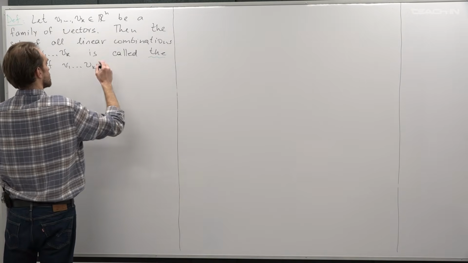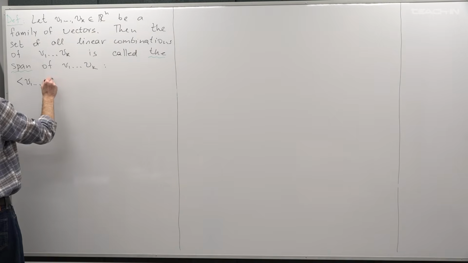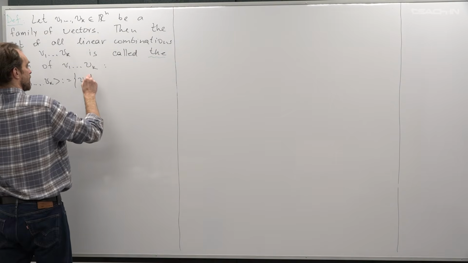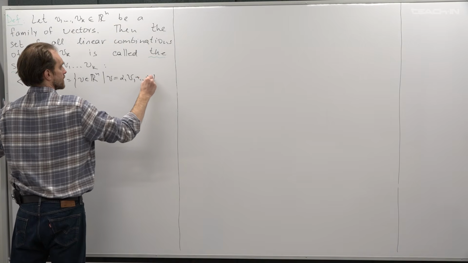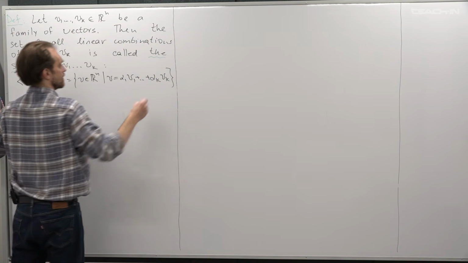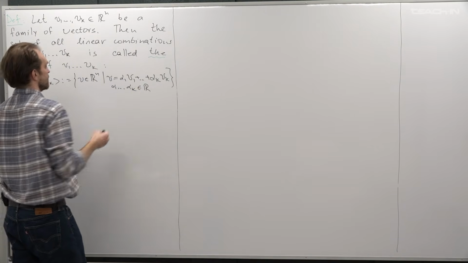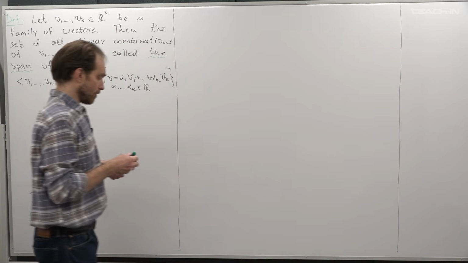So the notation is like this. We put just angle brackets, and this is the space of all vectors from Rn such that V has the form alpha 1 times V1 plus etc. plus alpha k times Vk, where alpha 1, etc., alpha k are just real numbers. So the set of all linear combinations of vectors from this family is called the span of V1, etc., Vk.